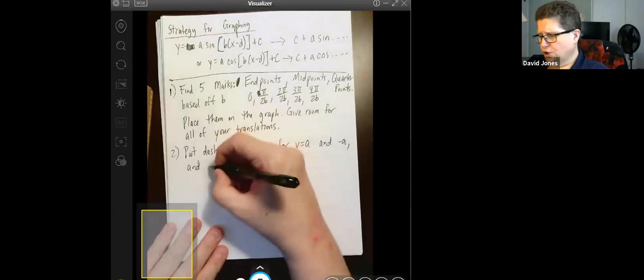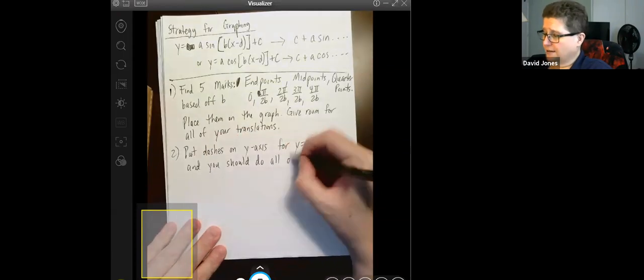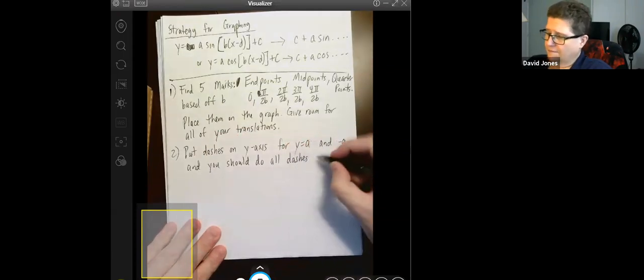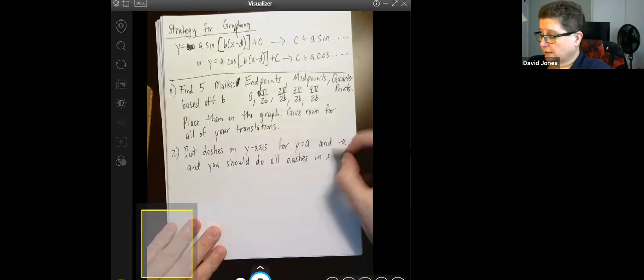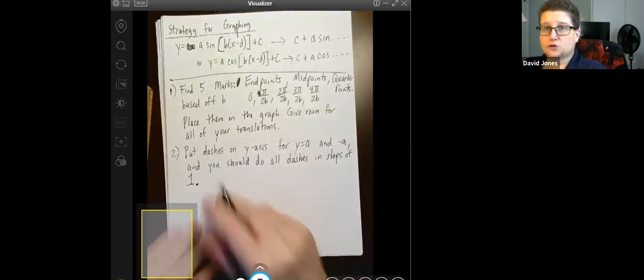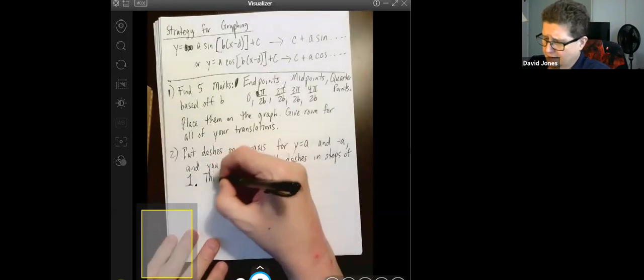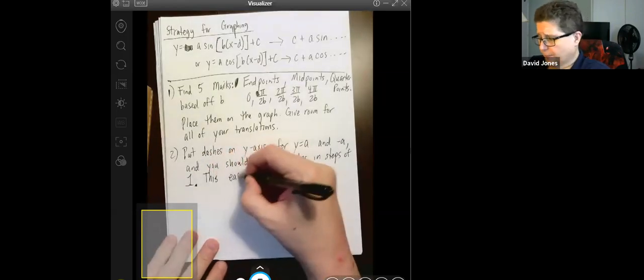And you should do all dashes in steps of 1. So if you have to shift a lot, like we did in the first one, sine x plus 3, I had to go up 3. Having 3 dash marks in makes it easy to go up. This eases vertical translations.